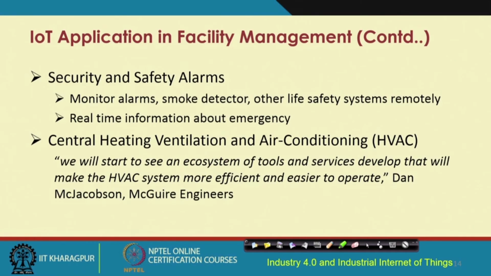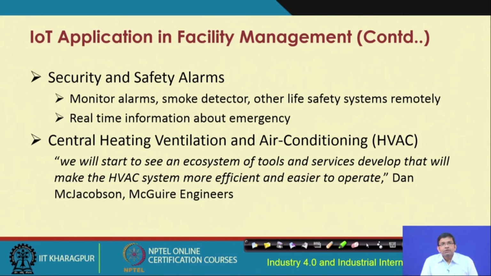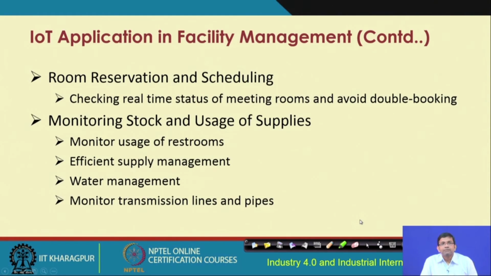IoT application in facility management also includes installation of security systems, safety alarm systems and so on, and dealing with the HVACs, which are basically the central heating, ventilation and air conditioning systems, the central systems for air conditioning, central ventilation and so on.